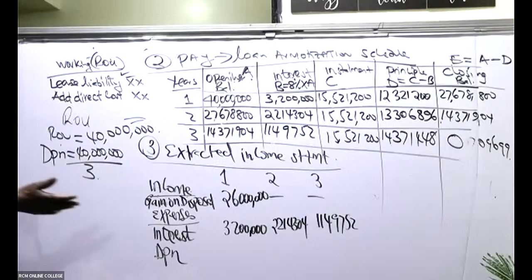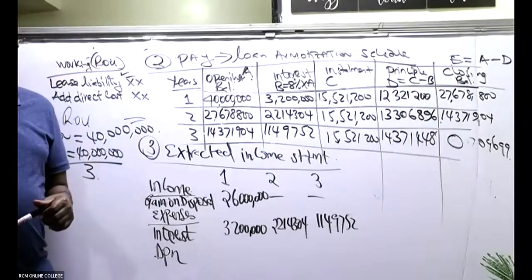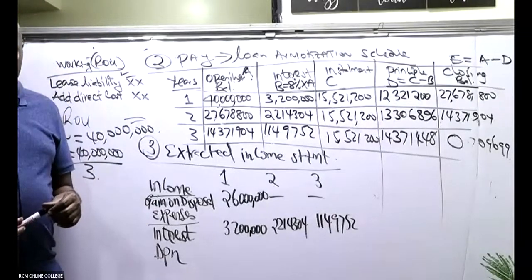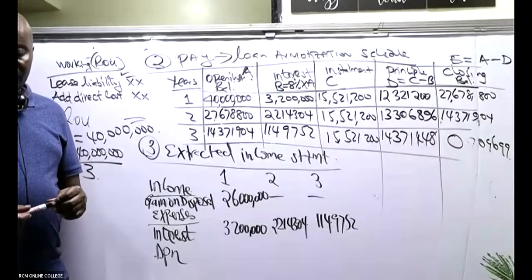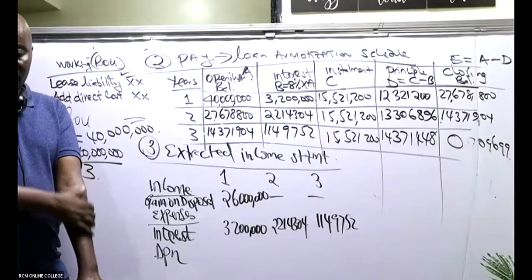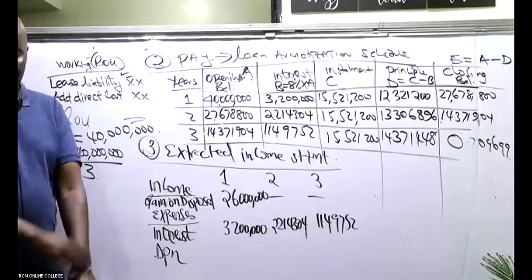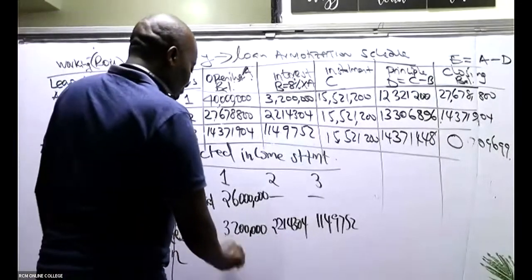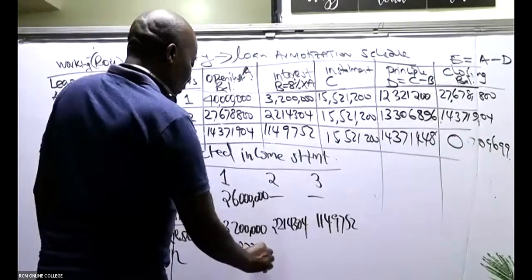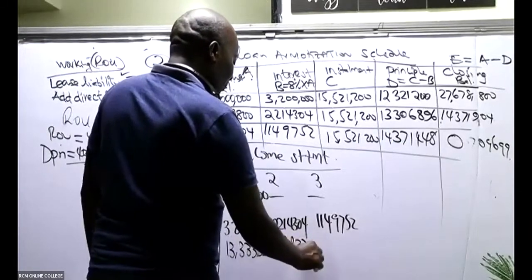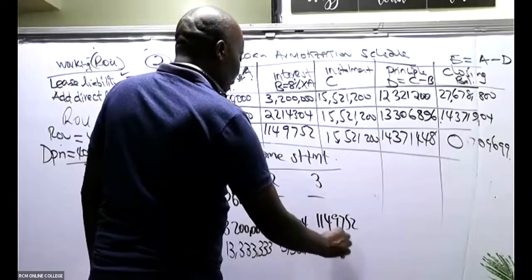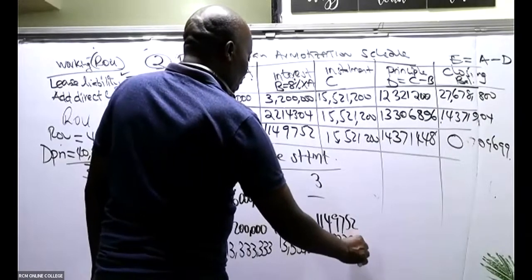This is what I shall book here. So we have 13,333,333 each year, for all three years.